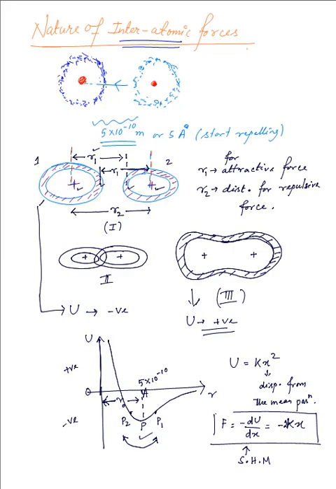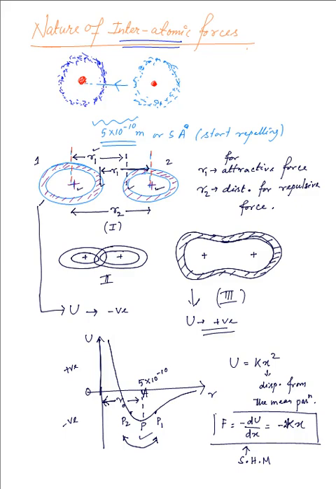Now, what's interesting is that had this property, that the interacting forces are repulsive in the close range, not been there, then all the molecules would have been drawn to a certain single point, reducing the size of the body to a point mass, and then we wouldn't have had a definite or finite size of any body.